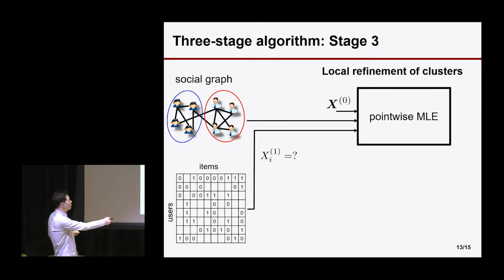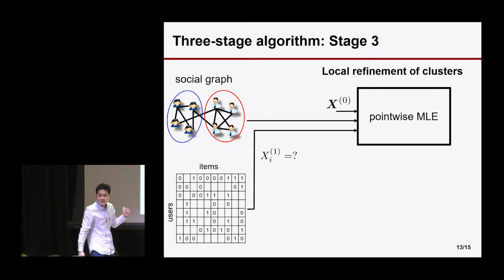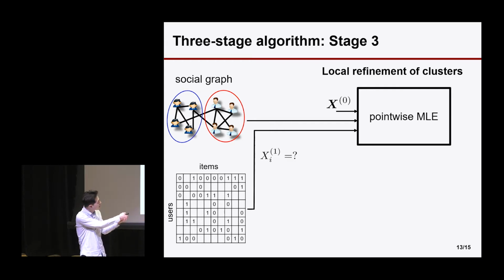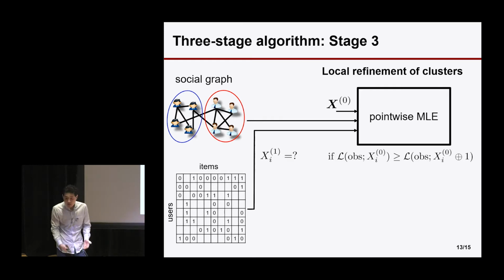Okay, this is what we compute in the first place. And the second thing that we compute is a likelihood function with respect to the observation given its flipped version, minus xi. And then if the first is greater than the second, then we keep the initial estimate. And otherwise, we take the flipped version. Okay, this is how it works.